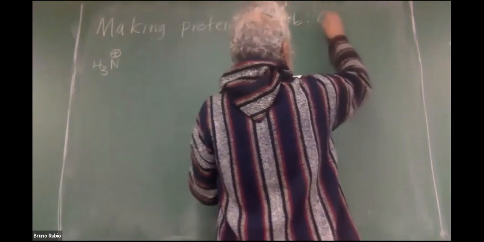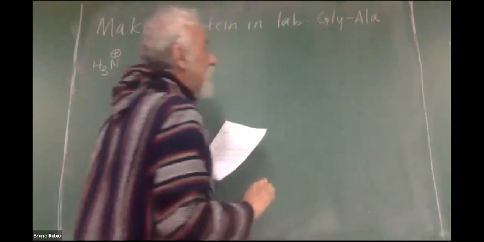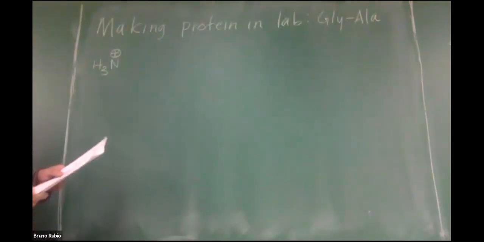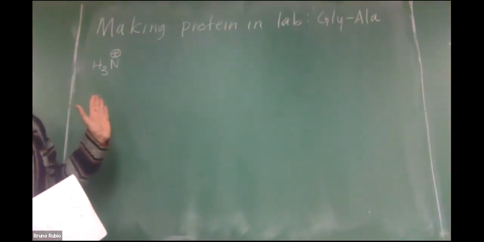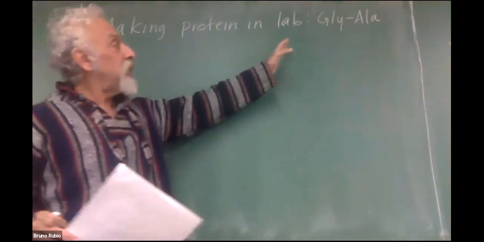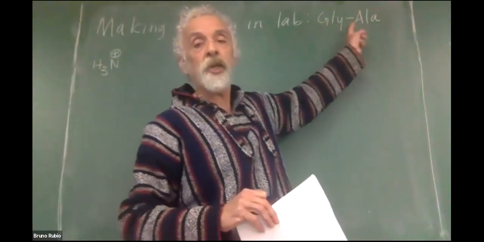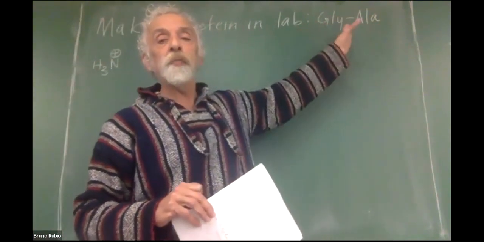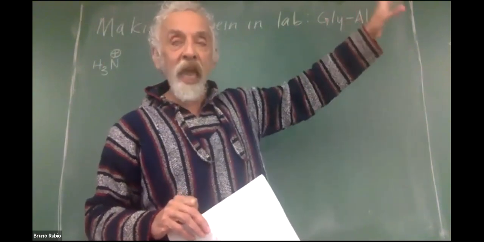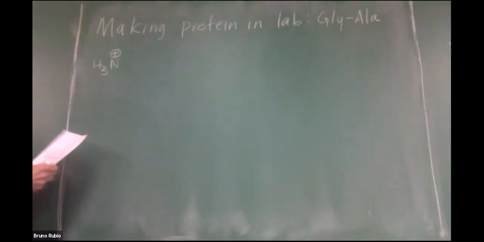Let's say we're trying to make glycylalanine. And remember, we talked about how the primary sequence of the protein is written in this format. This is the N-terminus and this is the C-terminus. So all we're trying to do is put a glycine and an alanine together to make a small protein.